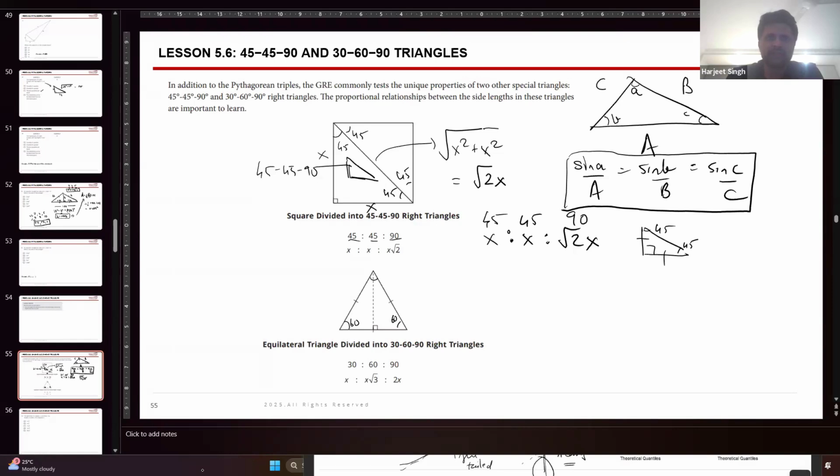But when I draw a perpendicular bisector from that 60 degree angle, it bisects that angle into two equal parts, 30 and 30 each. So if I look at the left side or the right side of an equilateral triangle, one angle is 60, another is a right angle, and the third one is 30 degrees.